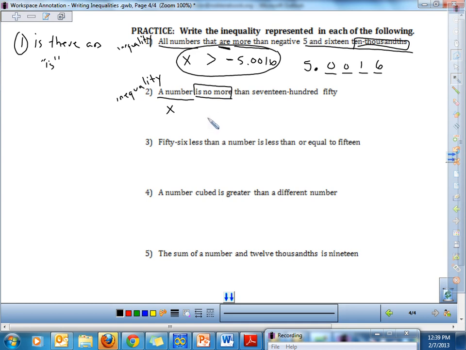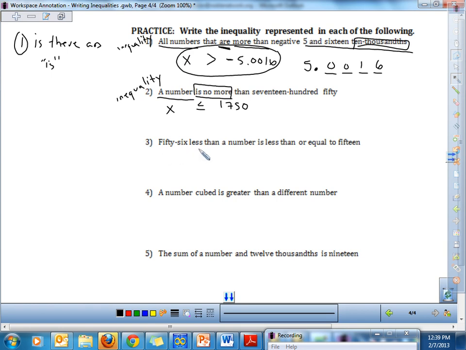I'm going to think back to that example where I said that Miss Declan wants no more than 3 students in her room for tutoring. Is no more than. That is a less than or equal to. And 1,750. So X is no more than, or is less than or equal to, 1,750.